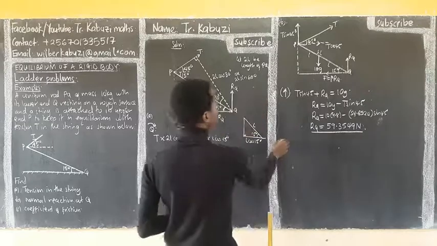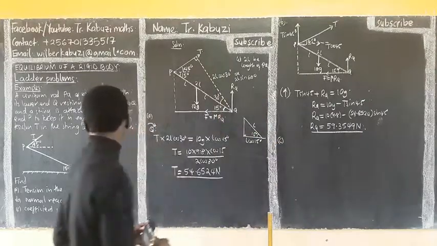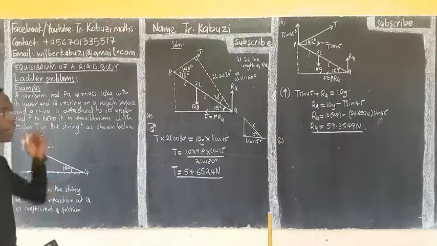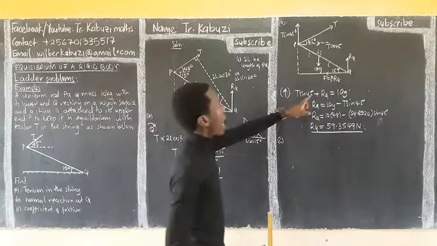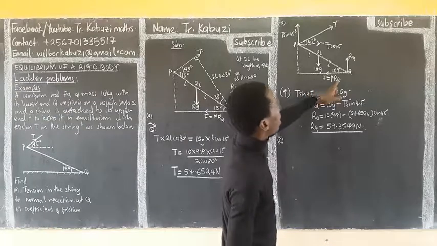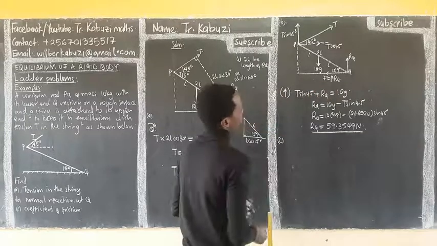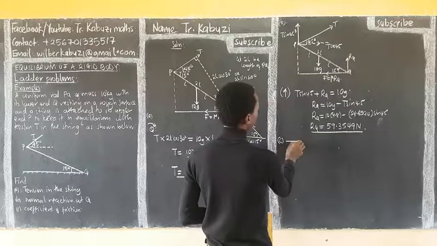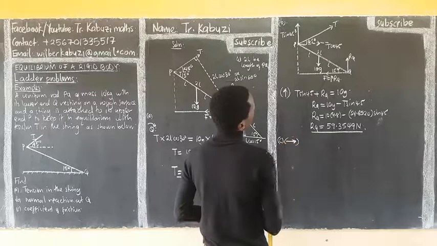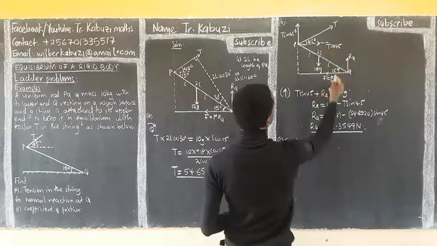Then my part C, they want me to get the coefficient of friction. But to get the coefficient of friction, I need to get friction first. Because I have R cube, but I need to get this F so that I can bring that. We are going to get it by resolving horizontally. Resolving horizontally, we have this minus this.